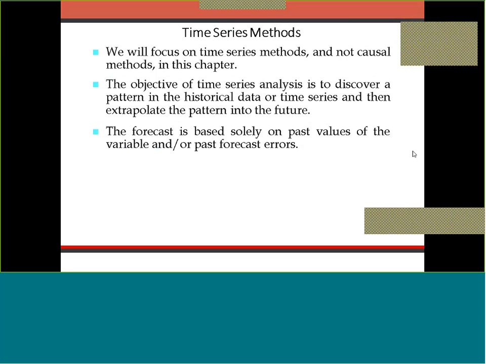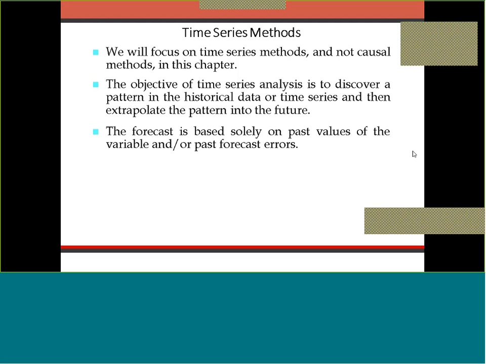That's why first we discussed qualitative and quantitative. In quantitative again we discussed causal and time series. Now we are confining ourselves to only time series methods. The objective of our chapter is to discover a pattern in the historical time series data and then extrapolate the same pattern into the future.